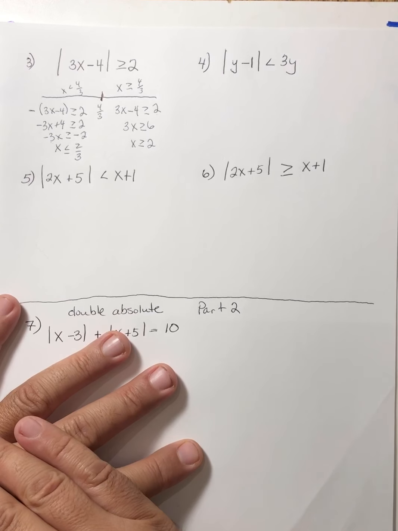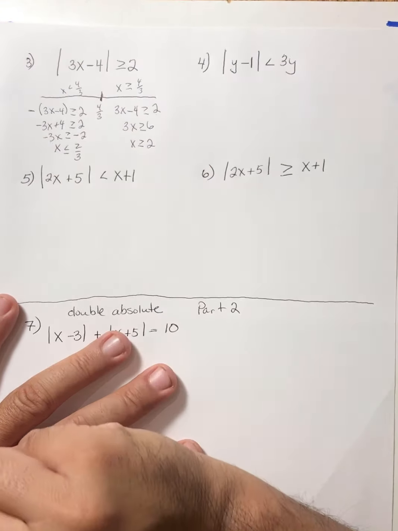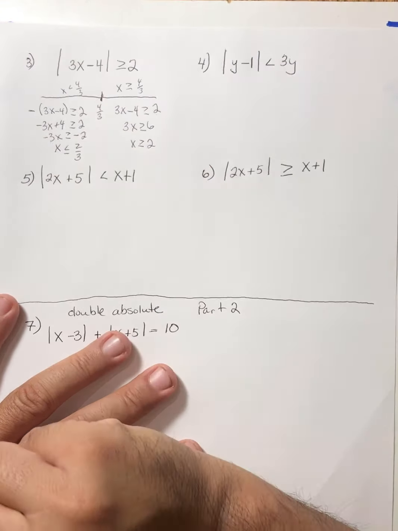So now here's the graphing part. It's easy. I already have a number line up here. 4/3 is in the middle of my number line. Where is 2? So first of all, is 2 on the correct side? Yes, 2 is greater than 4/3. So graphically, I'll put 2 right here. I will use a solid dot for 2. And that graph goes this way.